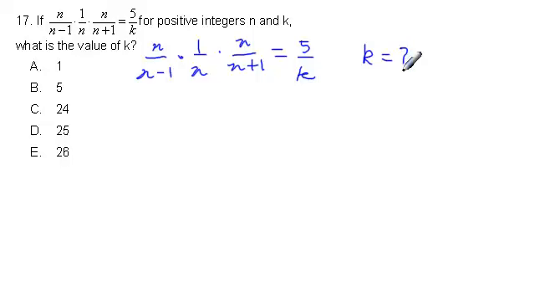K equals what? So first, if I simplify this equation, what happens?